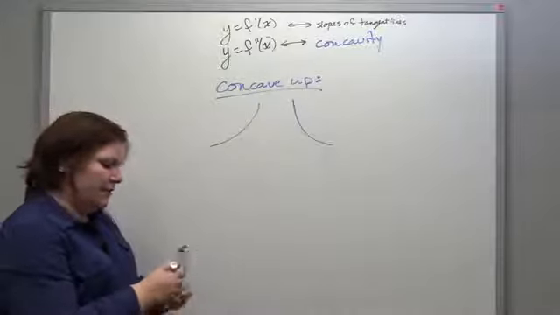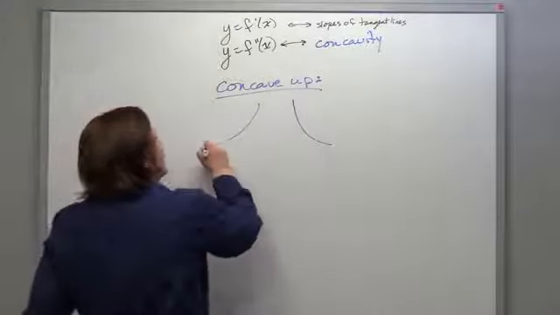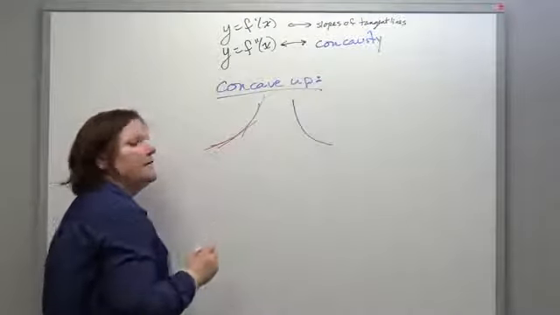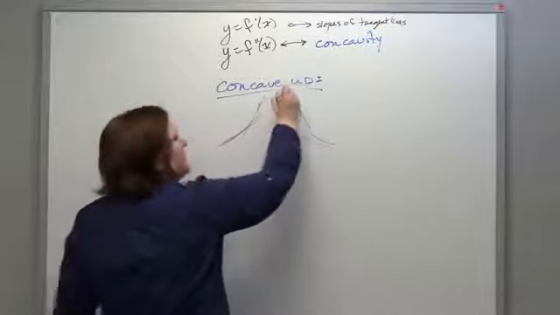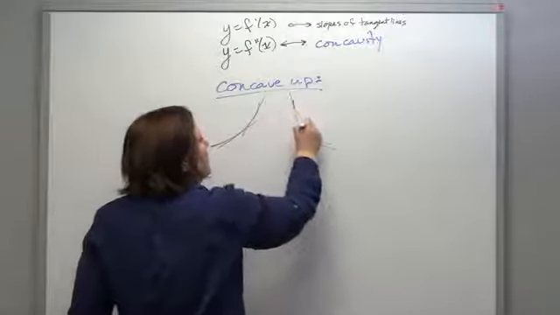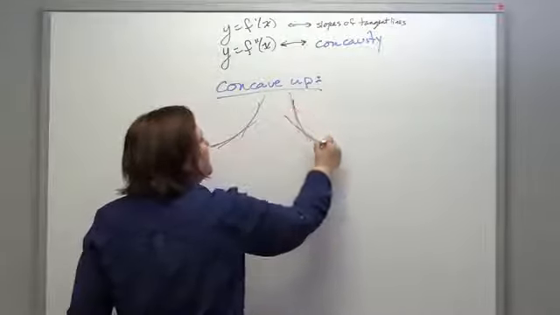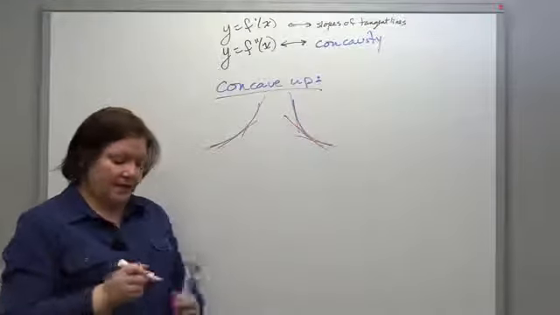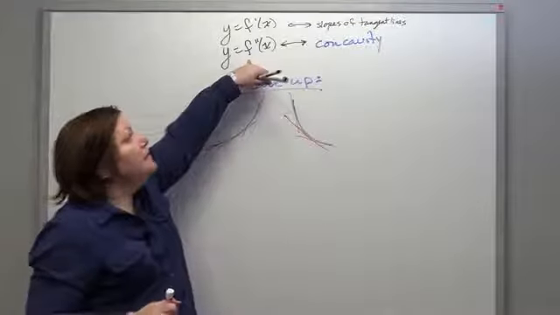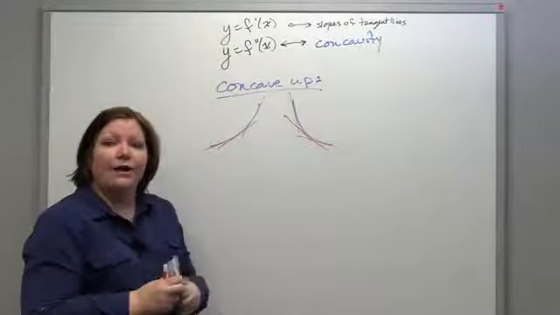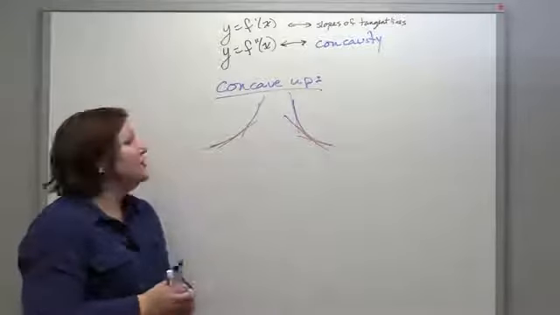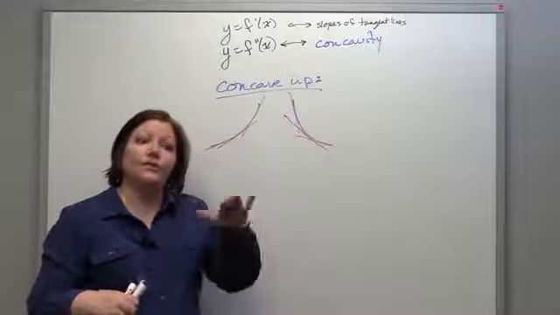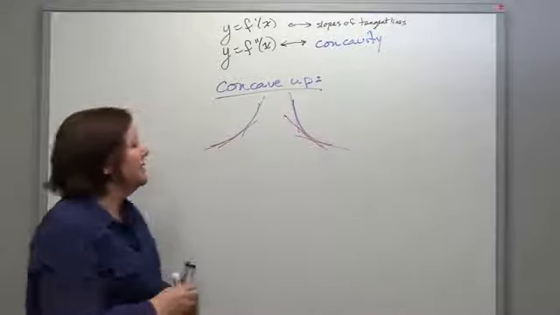But what we want to look at is, if we're looking at slopes of the tangent lines, what is going on with the values of the slopes of the tangent line? Because the second derivative gives us how much the first derivative is changing, the rates of change of f prime. So how are the slopes of the tangent lines changing?